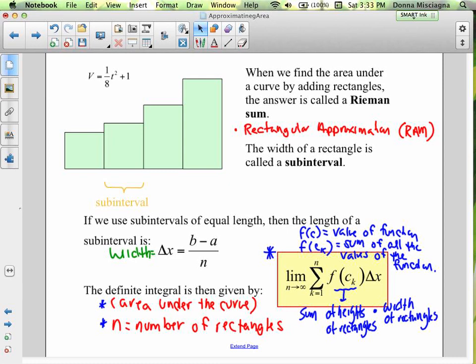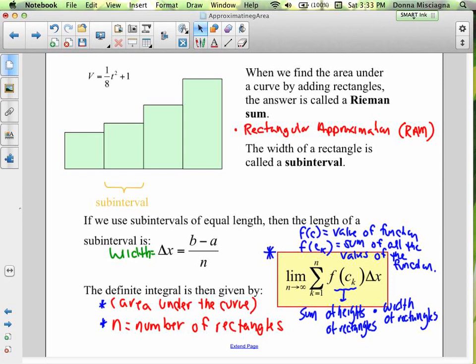So the limit as n approaches infinity, in other words, as our number of rectangles keeps on increasing and goes to infinity, we get more and more rectangles. The sum of the heights times the width of the rectangles is going to give us the area under the curve. And as n goes to infinity, it's not going to be an approximation anymore. It's going to be the exact area.